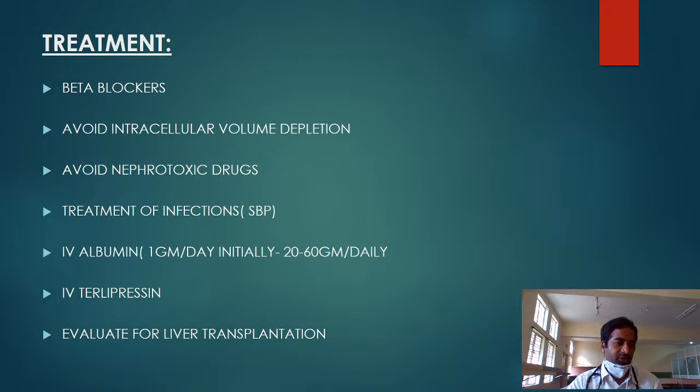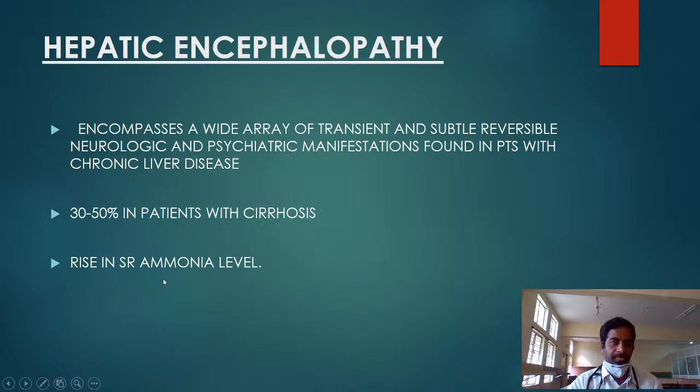Then IV albumin, at least 1 gram per day initially, around 20 to 60 grams per day. Then give IV terlipressin. Then you have to evaluate for liver transplantation. So that's how you treat: beta blockers, avoid volume depletion, and then give IV albumin or IV terlipressin.